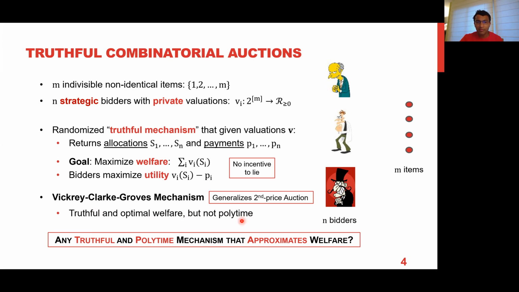So the question becomes, how can we achieve three goals simultaneously? We want to be truthful, meaning there should be no incentive to lie. We want the mechanism to run in polynomial time, and it should approximate the welfare, so it's not that the welfare is totally off. How can we achieve all of them simultaneously? This is one of the fundamental problems in algorithmic game theory.